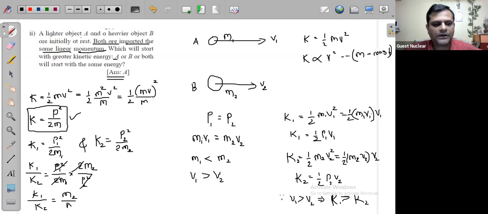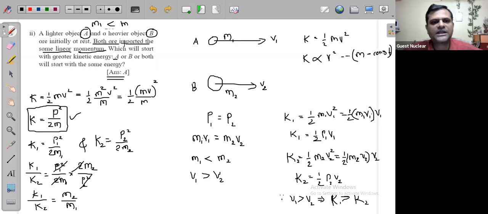M2 upon M1. But as it is mentioned in the question, the lighter object A, that means M1, is going to be smaller than the heavier object B, that means M2. So lighter object A का जो mass है वो हमने M1 लिया है, it should be less than the mass of the body B, which is M2.